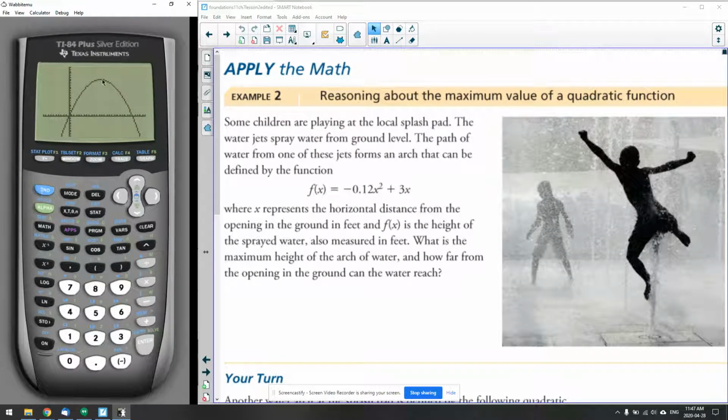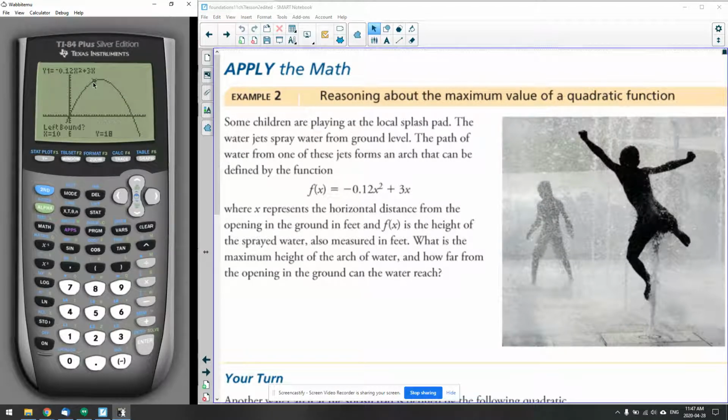So in order to figure out that maximum height, we're going to press second trace. We're going to go to maximum. We're going to hit enter. Now we're going to get a little flashing thing here, and it's going to say left bound.